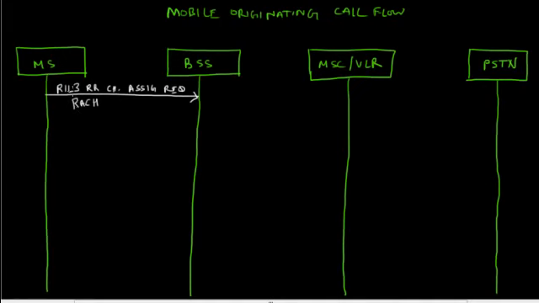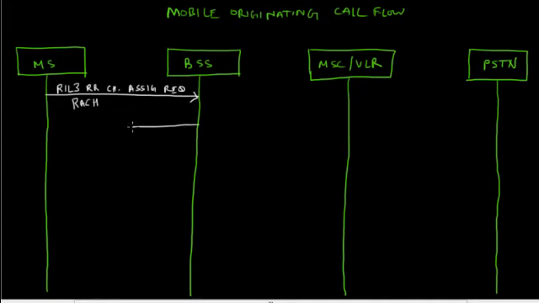This message also has the reason for requesting a channel, and the BSS knows the reason in this message, which is mobile originated call, and also the mobile's identity, the MS identity.